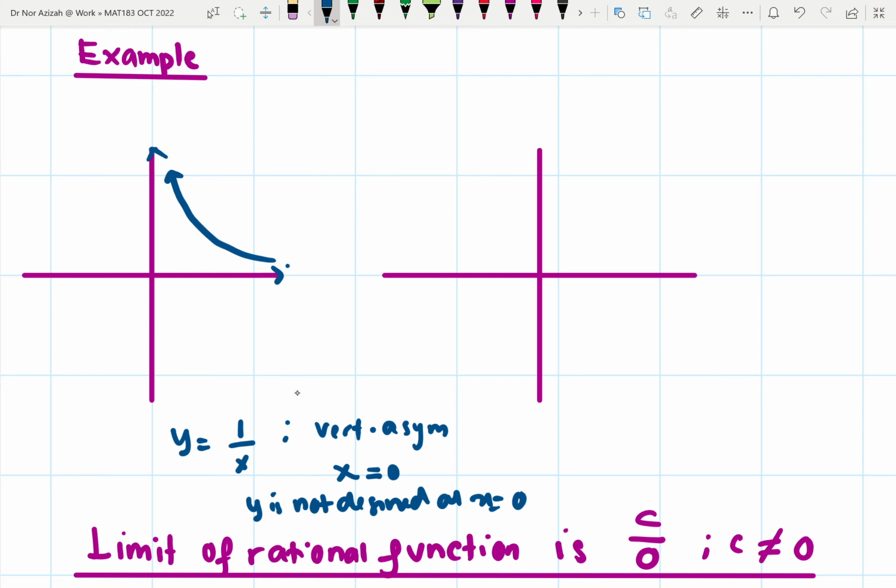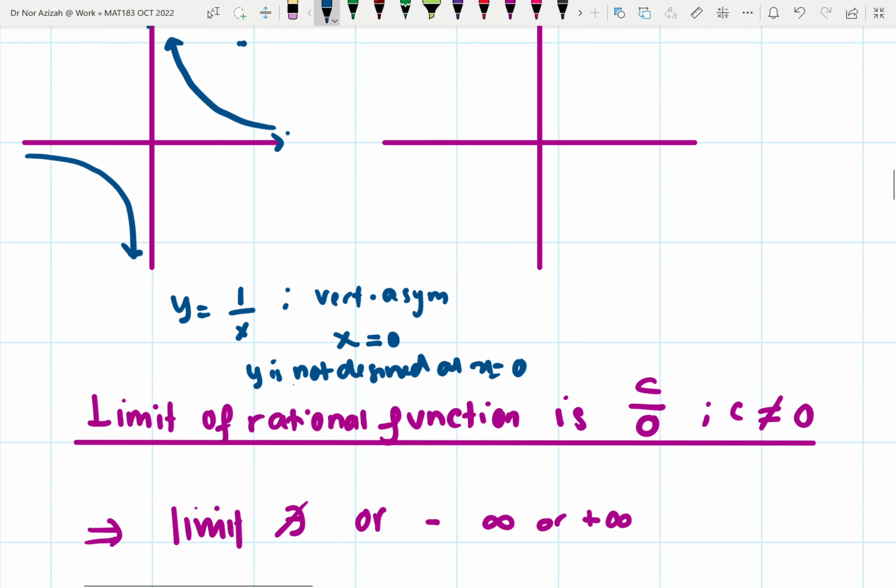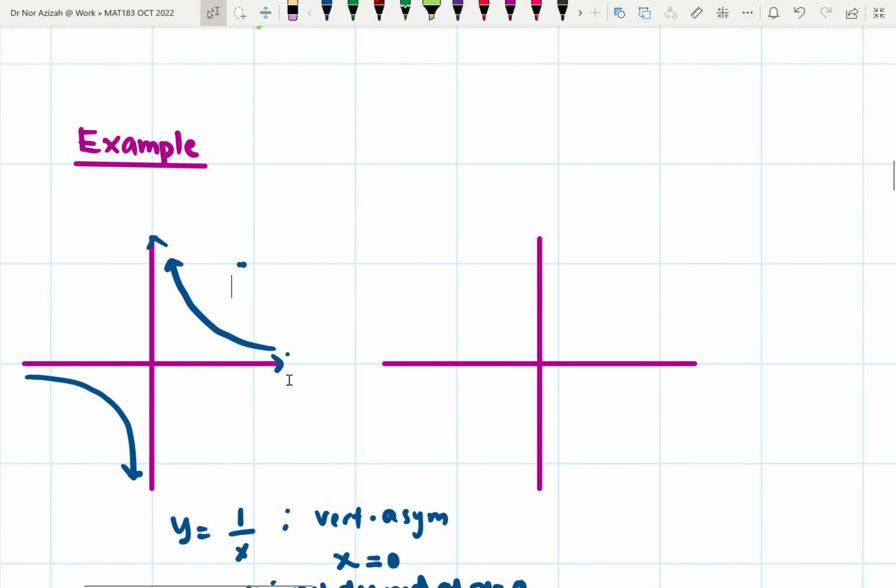From the left-hand side, this one. Sama tak limit dia? Okay, so we can write that the limit of f(x), or 1 over x, when x goes to a from the right-hand side is positive infinity.